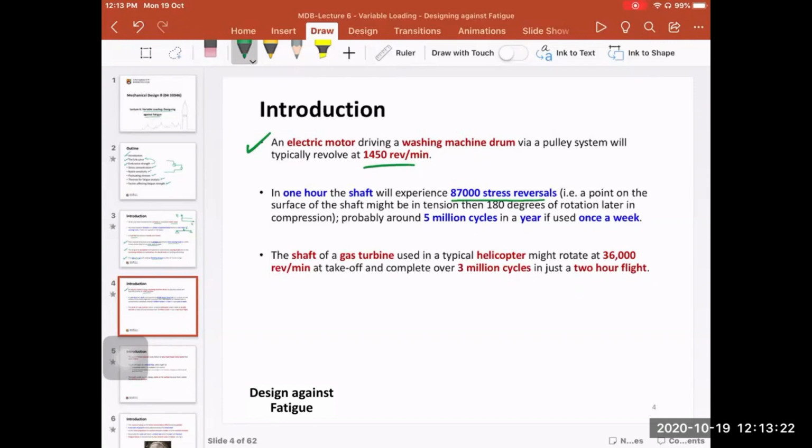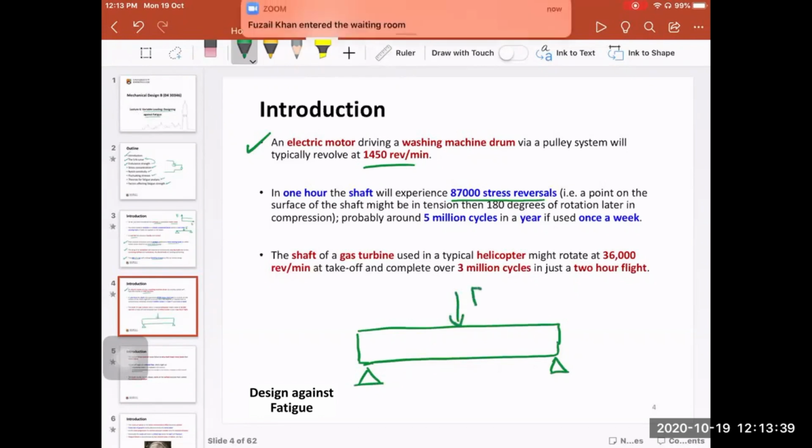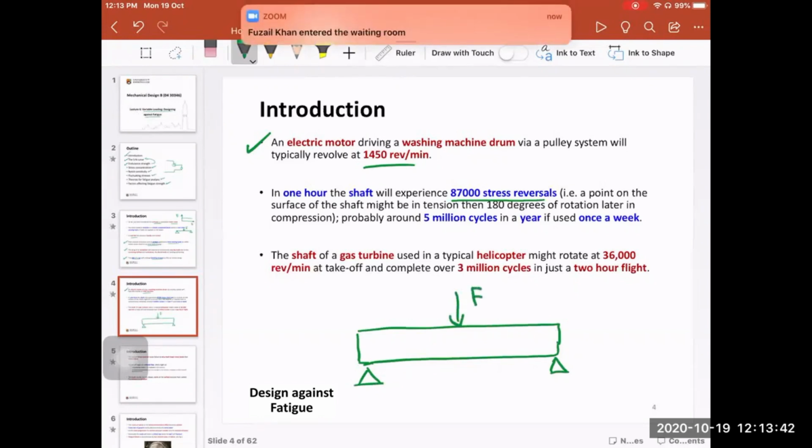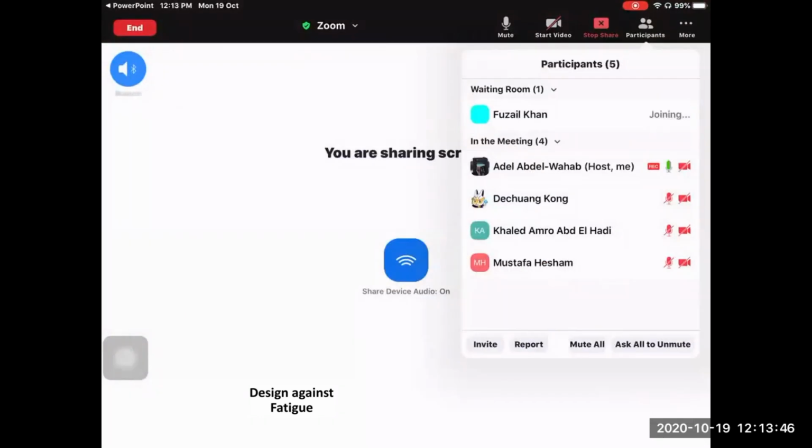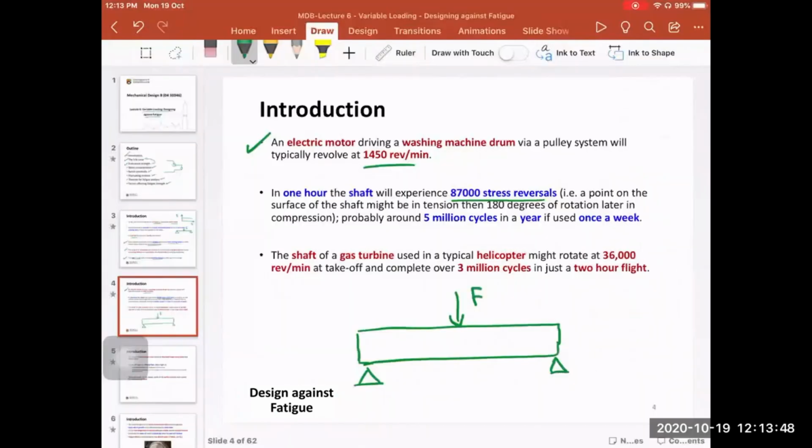What I mean by that, let's suppose that this shaft is exposed to a bending moment. So if this is the shaft and the load, let's simplify this, say the load is in the middle of the shaft, and then this shaft rotates.